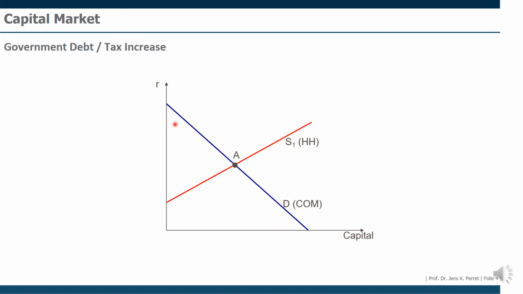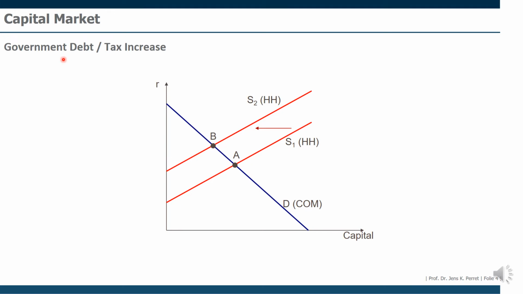So for the classical savings account. So the supply, which is actually the savings of the households, will decrease. Or in other words, the supply curve, here the S curve, will move to the left. And it will look like this. Meaning we also get a new equilibrium with a lower amount of capital, but even more importantly, a higher interest rate.